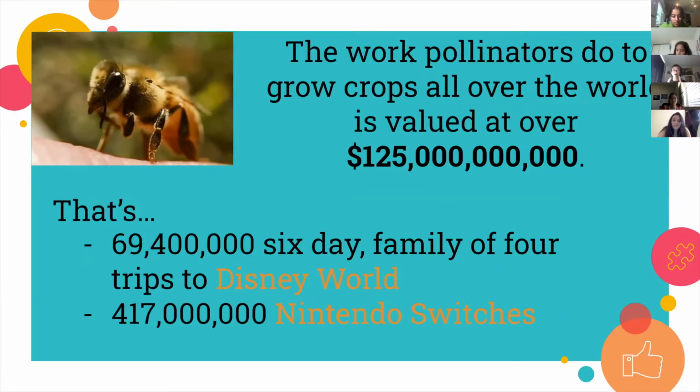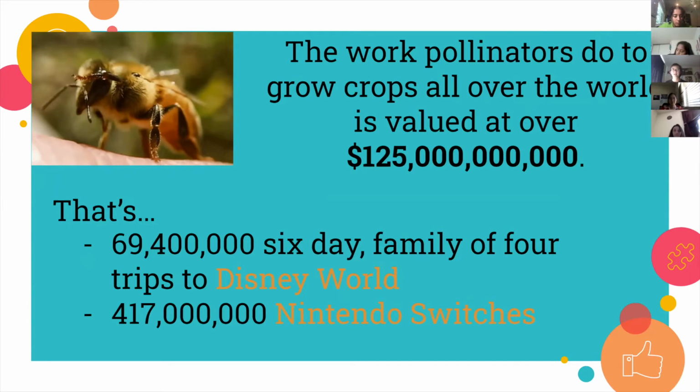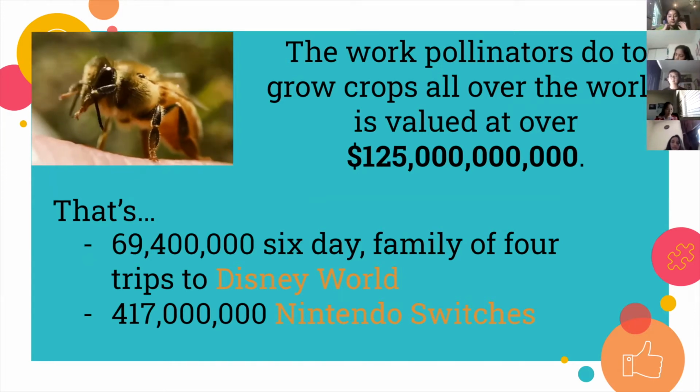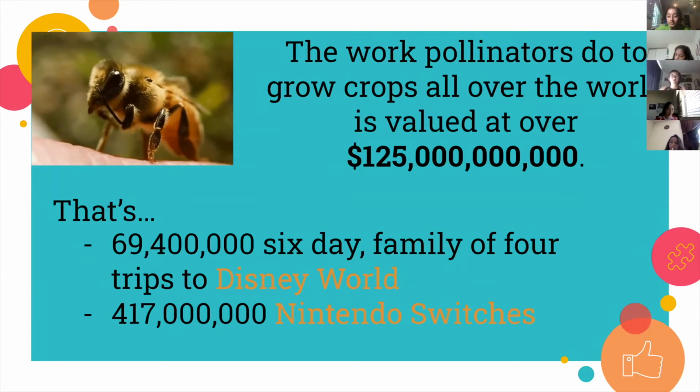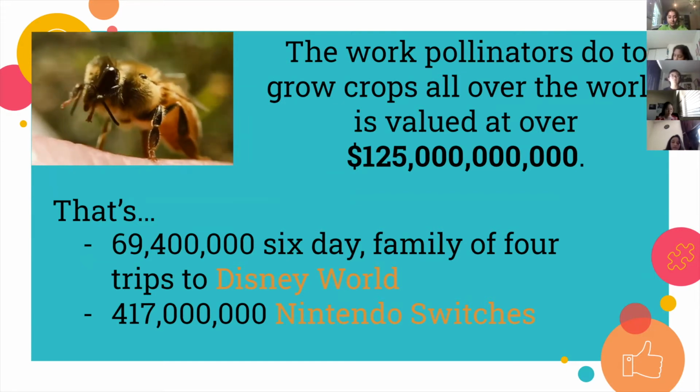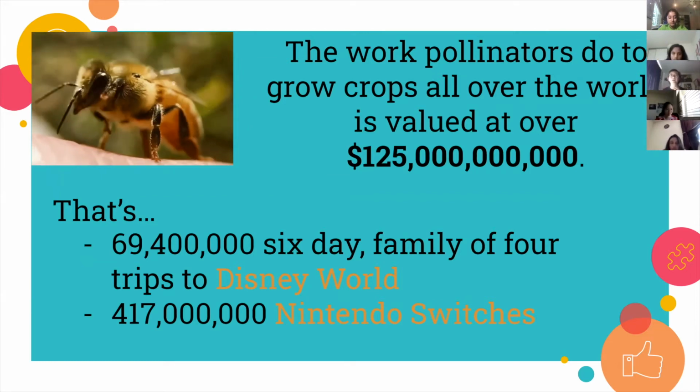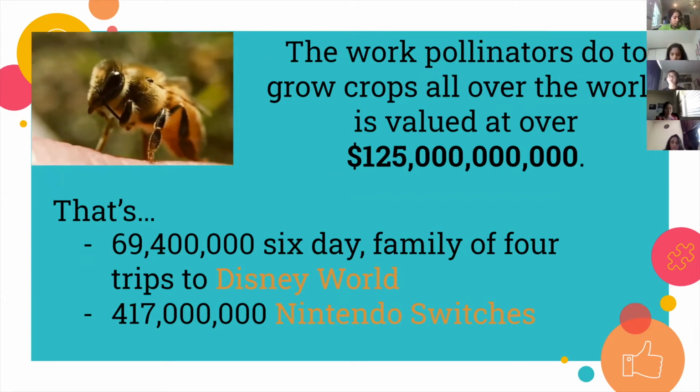Okay, so on this slide, you see this huge statistic: the work pollinators do to grow crops around the world is valued at over $125 billion. What that means is, for example, if one pollinator was able to pollinate and allow for the growth of 10 tomatoes, if you sold those tomatoes, that would be this number underneath.